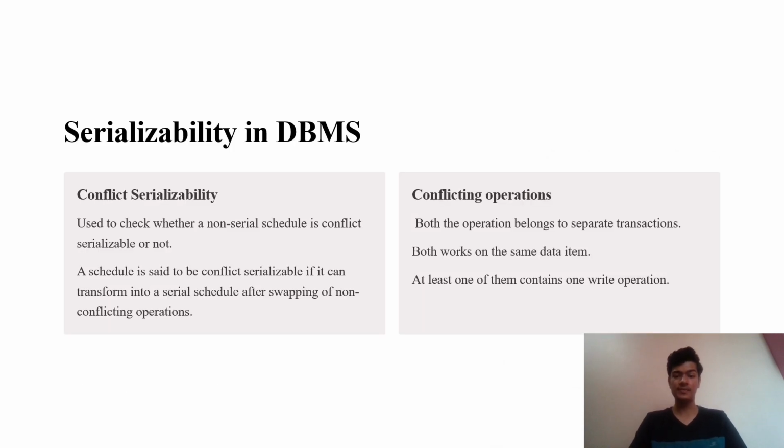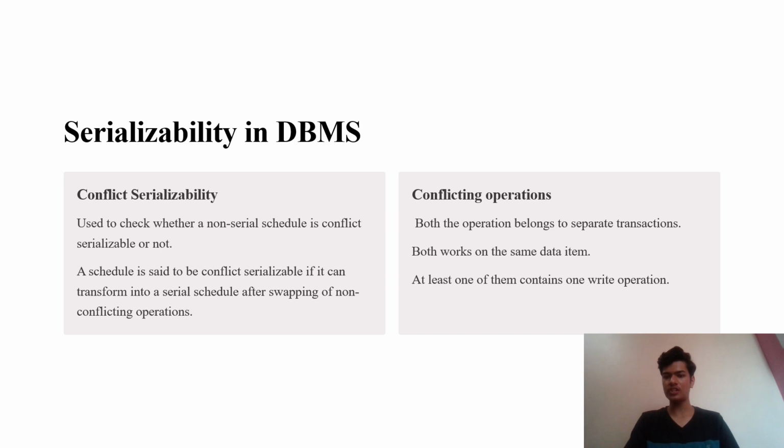Now, serializability. First is conflict serializability. It checks whether a non-serial schedule is conflict serializable or not. It is conflict serializable if it can transform into a serial schedule after swapping non-conflicting operations. Now, there are three conditions for that.